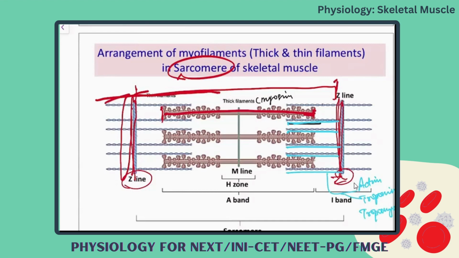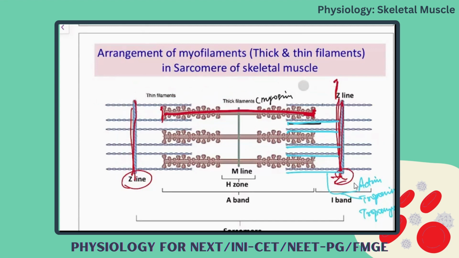Thick filament is made up of only myosin, but the thin filament is made up of three structures: actin, troponin and tropomyosin. This concept is very important, and if you don't understand it, it is quite confusing. Questions will be asked mainly based upon what is Z line, what is M line, H zone, A band, I band, all these things. So remember first what is sarcomere.